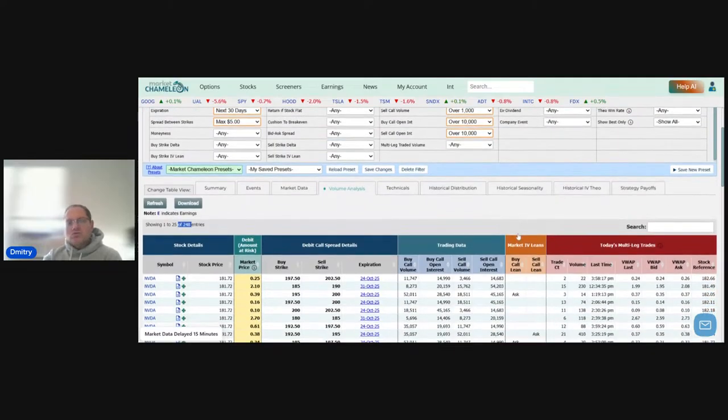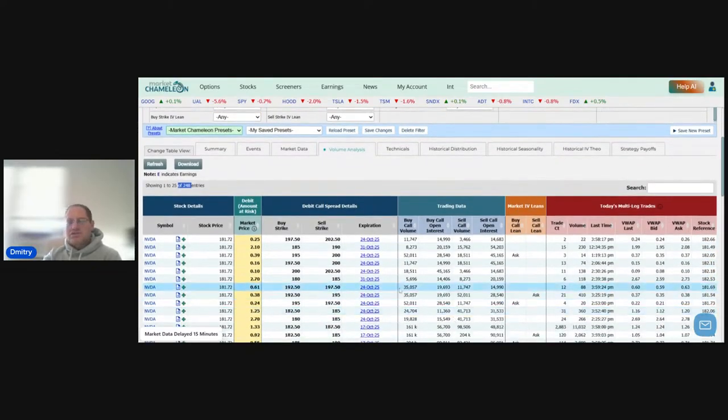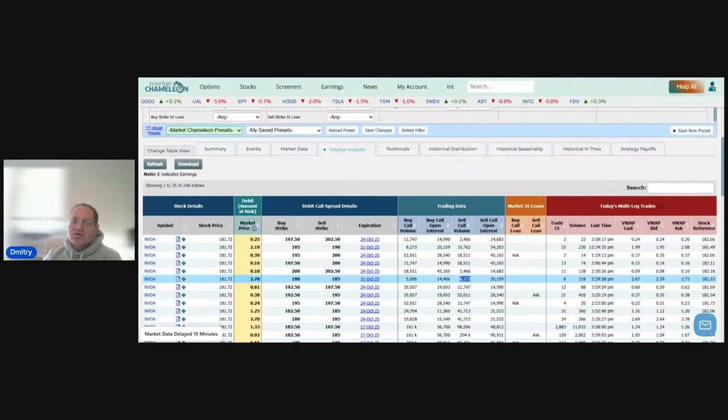We could also bring it down even further by saying not only do we want to see trading activity in both legs, but we want to see that this particular spread traded. Okay, so that's where this comes in, multi-leg. This is looking at where the spread itself, October 31, for example, the 185, 190 spread, we detected traded as a spread.